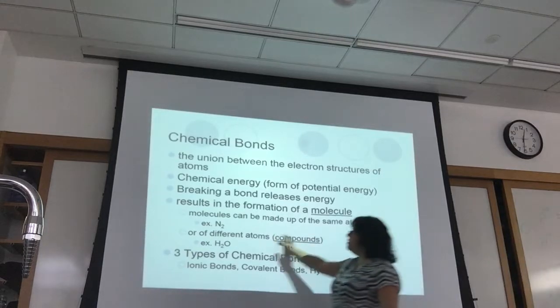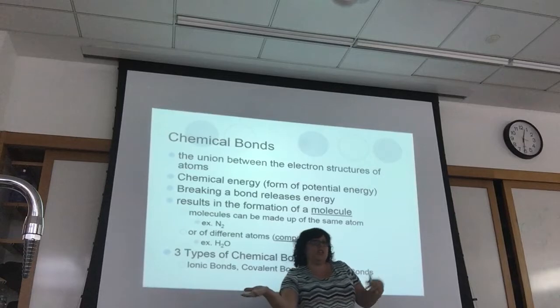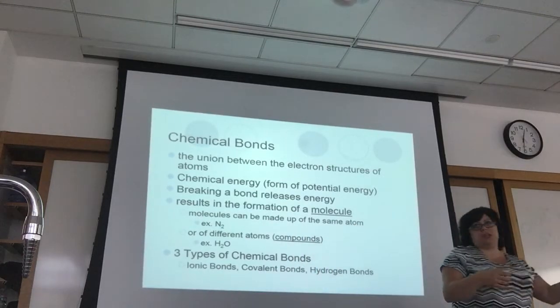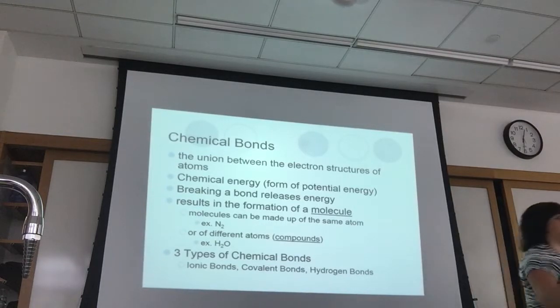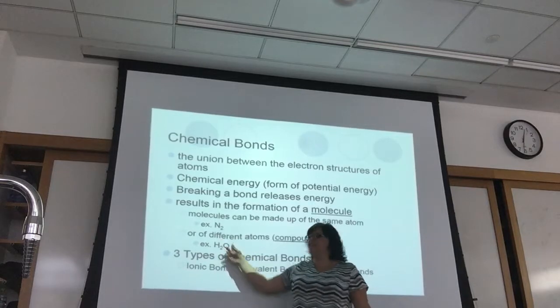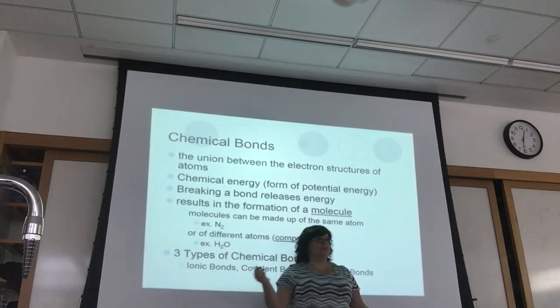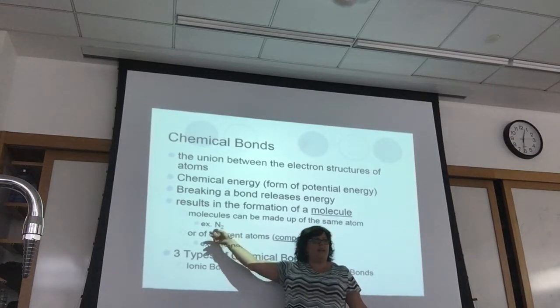A compound is when we have 2 different atoms. We have some hydrogen and some oxygen. We have some carbon and some oxygen. We have some carbon, some hydrogen, and some oxygen. That's a compound: multiple different atoms bonded together. But we will often refer to the water molecule as a molecule, even though a molecule should be just the same atom bonded.